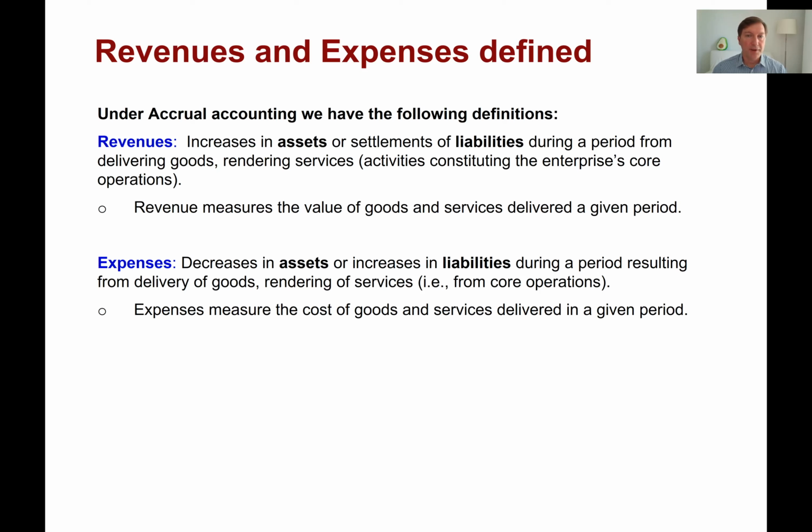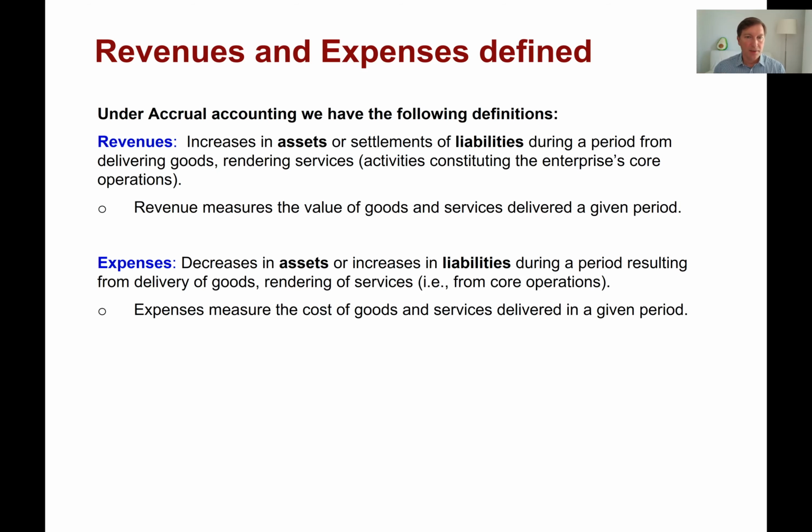Conceptually, it tells us about the value of goods that we deliver to our customers. And revenues tell us, of course, conceptually about the increase in the value of shareholders' claim due to operating activities, such as delivering goods and rendering services.